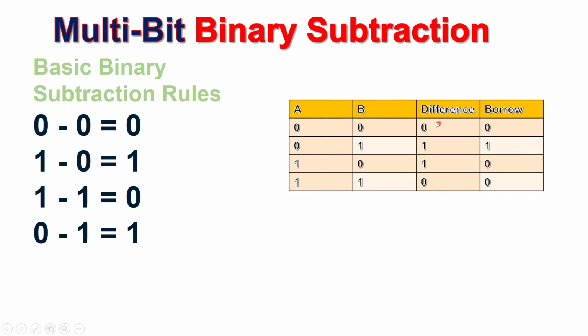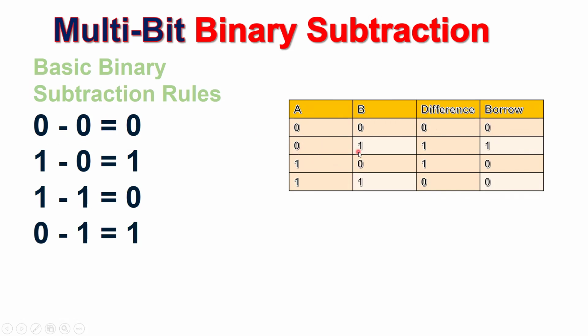Obviously, there are two outputs called difference and the borrow. So when you have A minus B, 0 minus 0, the difference is 0, and it doesn't have to borrow from another bit. Therefore, the borrow out here is equal to 0. So this is the first combination.